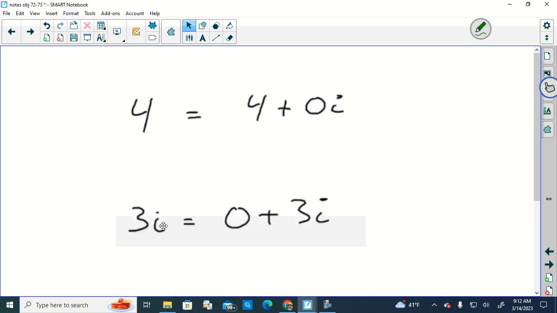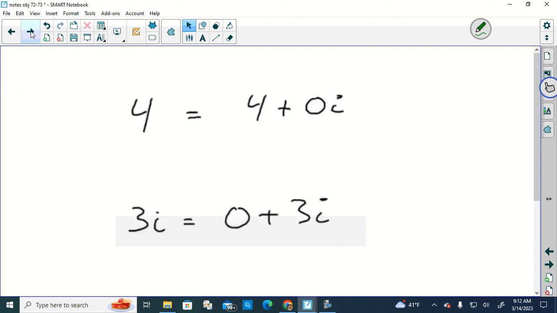I can write 3i as a complex number too. I don't have the real number, so there's 0, but then I also have to represent the i as your second one. So this is just rewriting these as complex numbers, one with a real number and one with the imaginary number.